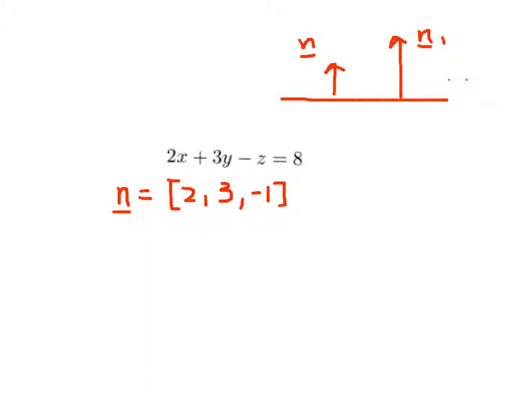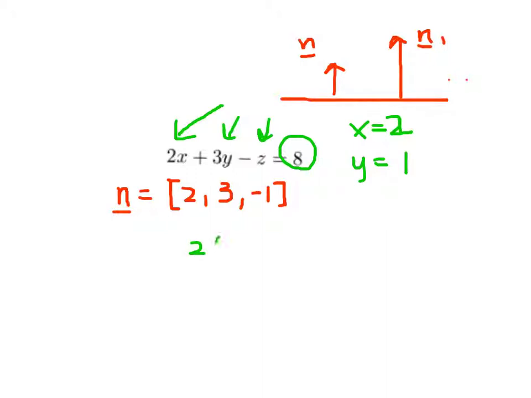Another useful approach is to find a point on the plane. It's very simple. You just need to find values of x, y, z that satisfy the equation so that it sums up to the value 8 here. So I could let x equal 1 and y equal 1, or maybe I let x equal 2 instead.